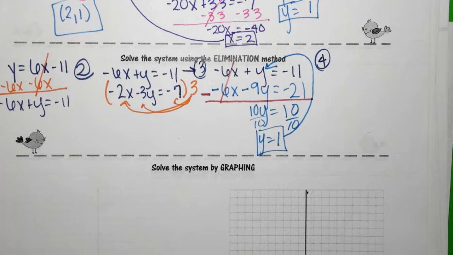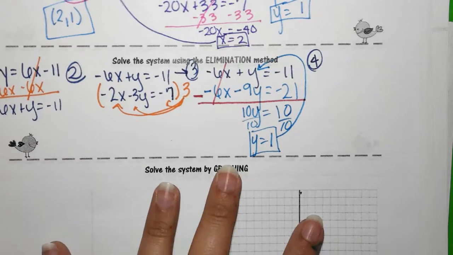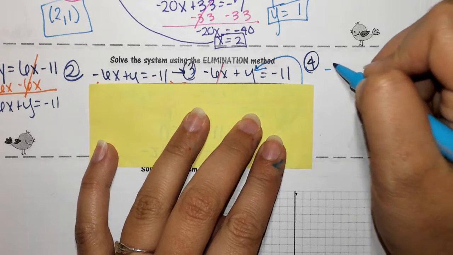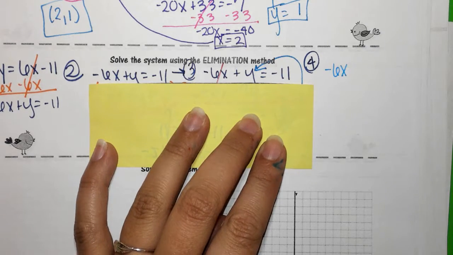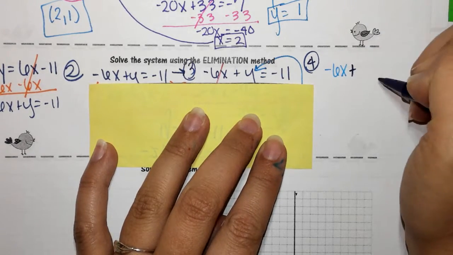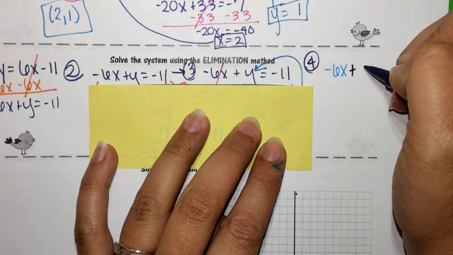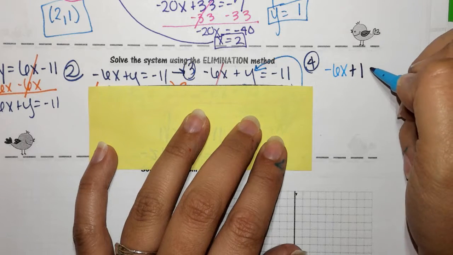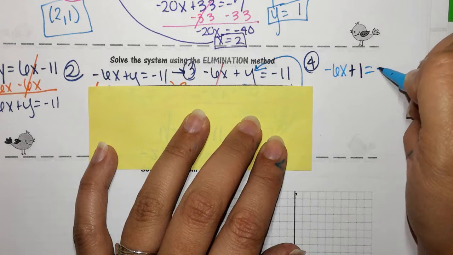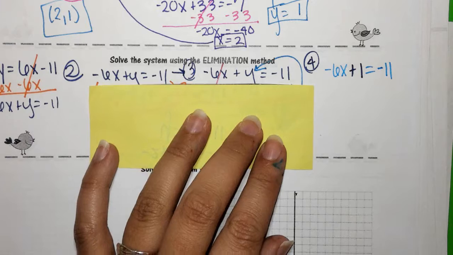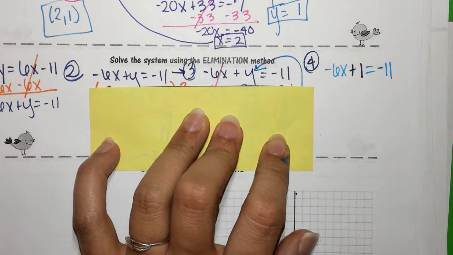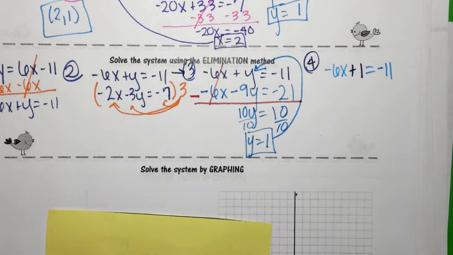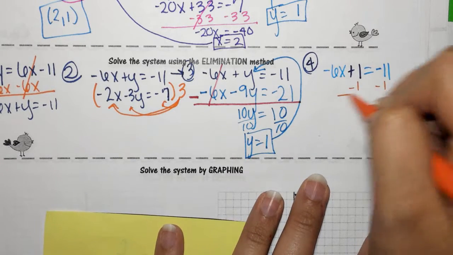Alright, so tell me how I'll plug it in. 6x plus y, plus 1, equals negative 11. Yes, fantastic. Now, why did we replace Y with the 1? Because Y equals 1. What do we do from here?